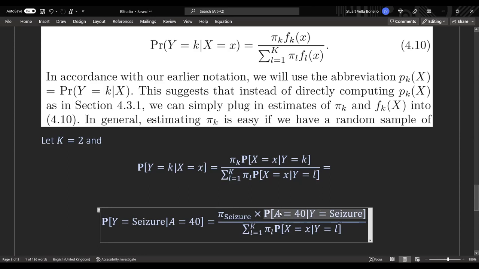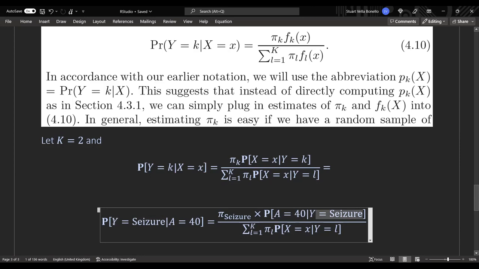Whereas this over here is the probability that a 40-year-old patient was admitted with a seizure.